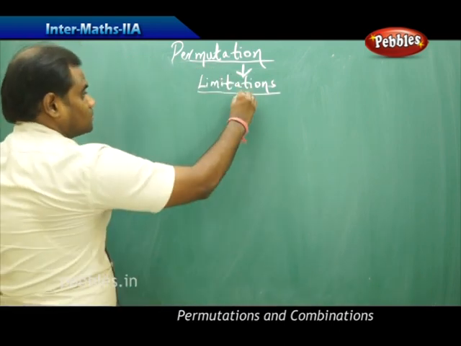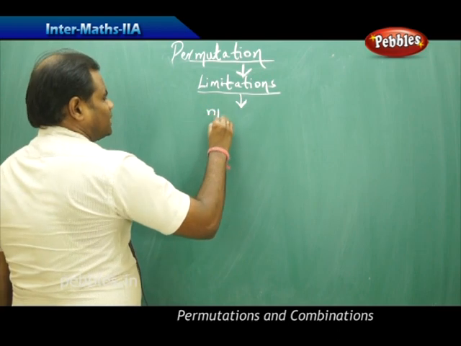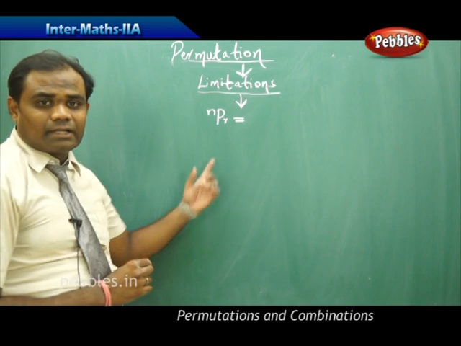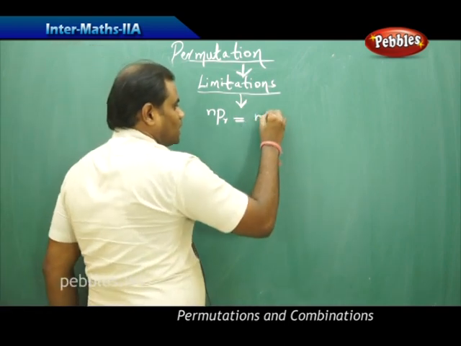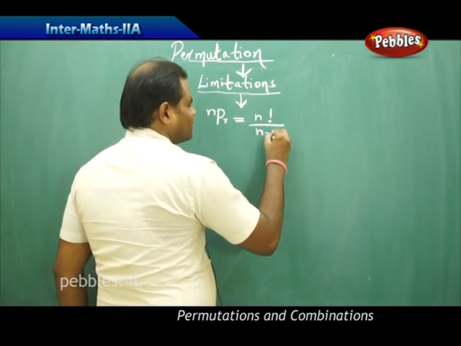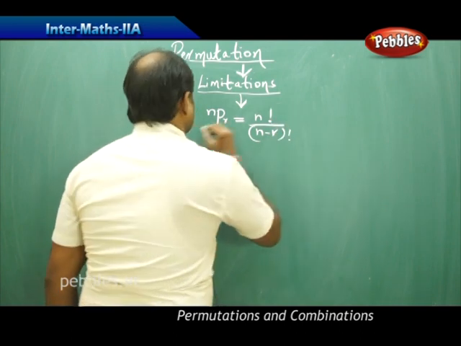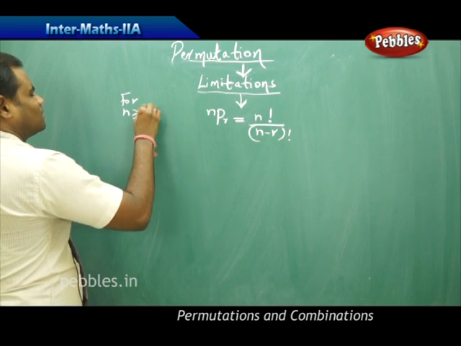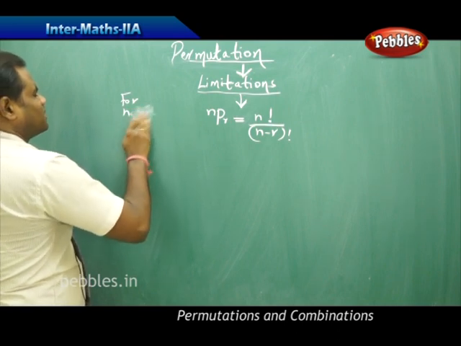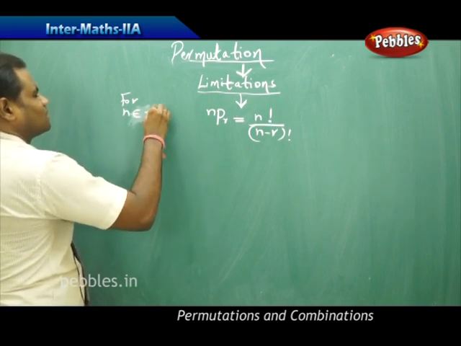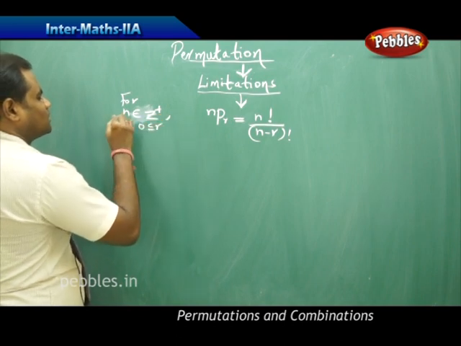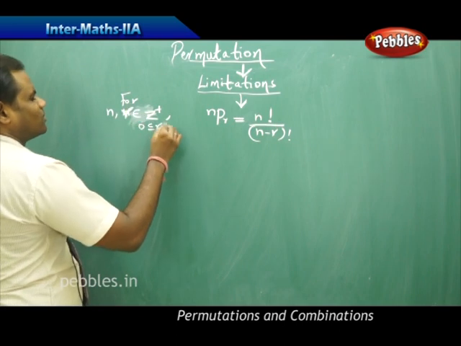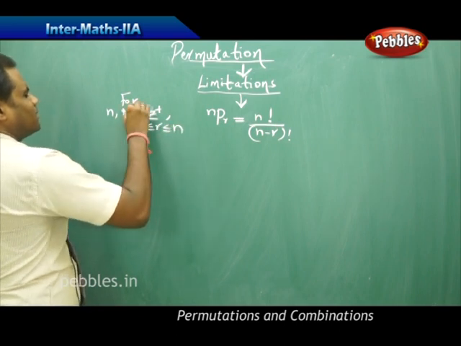That is, if I have nPr, which says the number of permutations of n dissimilar things taken r at a time, then this formula can be used only when n belongs to Z plus and 0 less than n, and r belongs to Z plus and 0 less than or equal to r less than or equal to n.